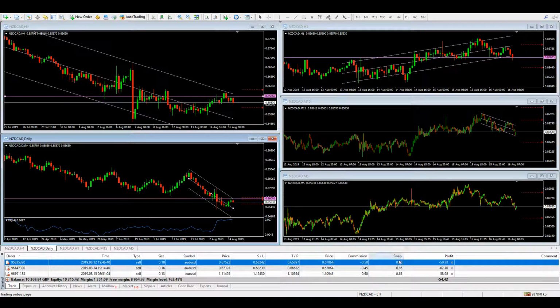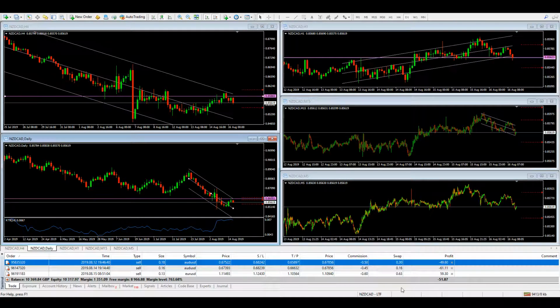Swaps, look, that's another thing to bear in mind. Another reason I'm quite comfortable with the Aussie and the Euro to hold them overnight is because they pay on the swaps. It's not a massive amount, but that's something to bear in mind if you are taking positions based on weekly or even monthly time frames. You definitely need to consider what your carry costs are going to be, because if you're carrying a trade from one day into the next, you're either charged a swap or you receive it.